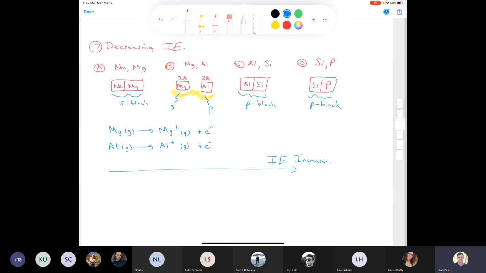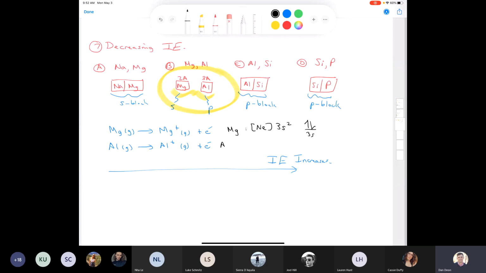Now, the reason that this one is an exception is because in magnesium, the two valence electrons are both paired up in an s orbital. If you take a look at the electron configuration for the valence electrons of magnesium, it's neon and then 3s2, right? Both of those electrons are paired up in a 3s orbital.